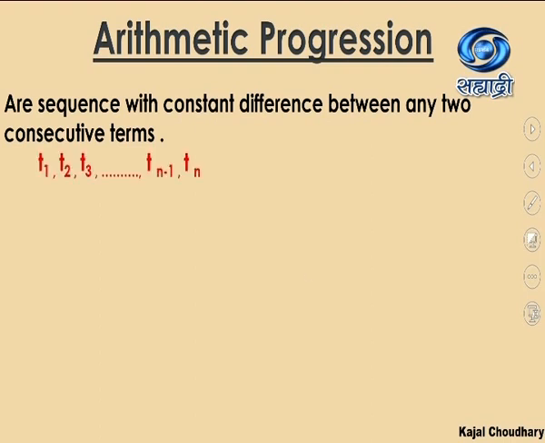Okay. We learned in the previous slides how to write a sequence. We represent it as T1, T2, T3, Tn minus 1 and Tn.